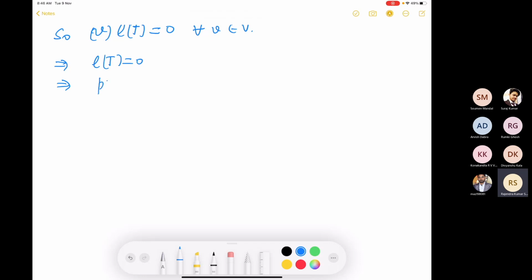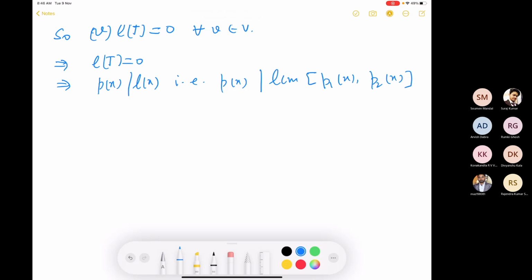But that means that P(x) divides L(x). That is, P(x) divides the LCM of P1 and P2. And the converse we have already proved, so P(x) is the LCM of P1(x) and P2(x).